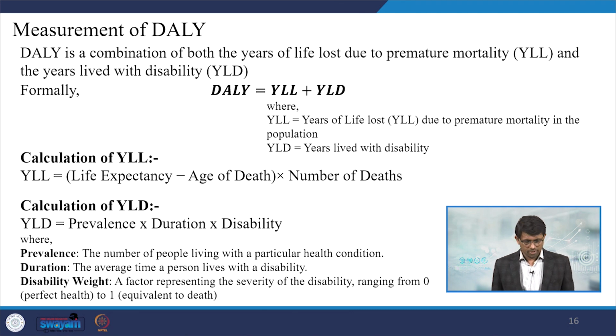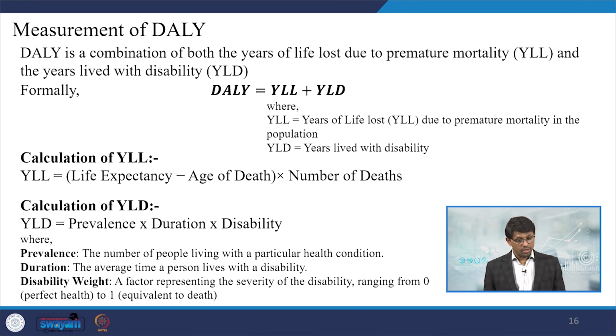The calculation of YLD is mentioned through prevalence, duration and disability. Years lived means duration is there, and prevalence is in terms of number of people living with particular health conditions.